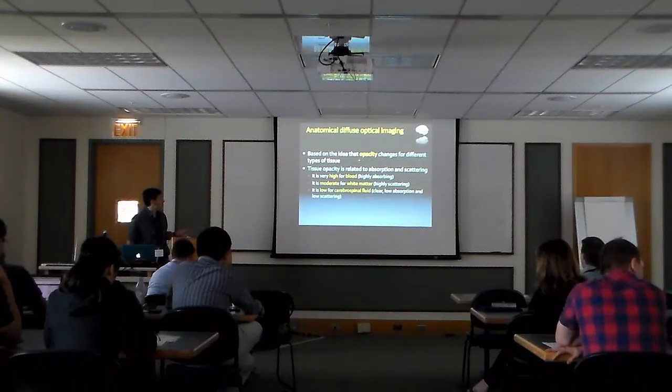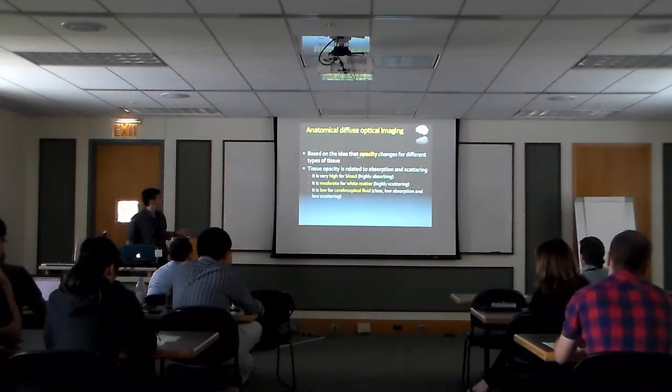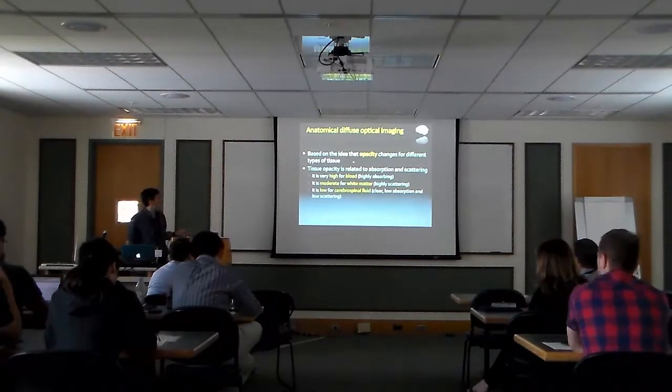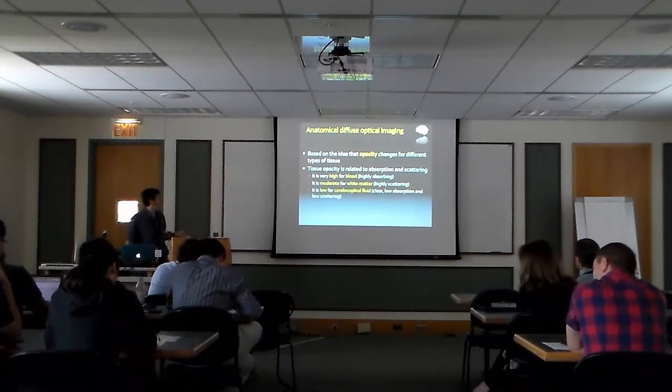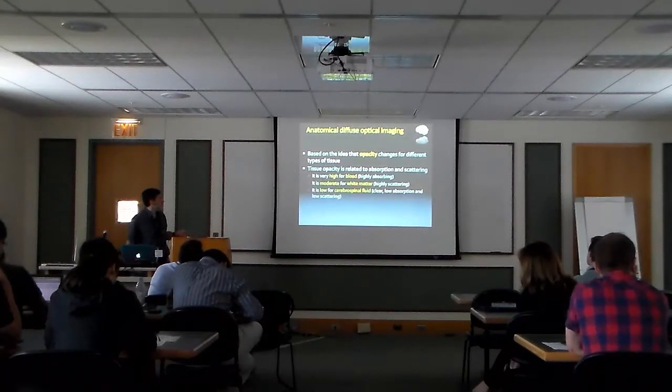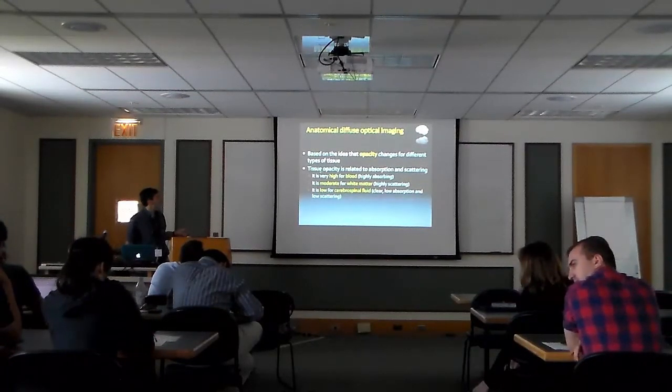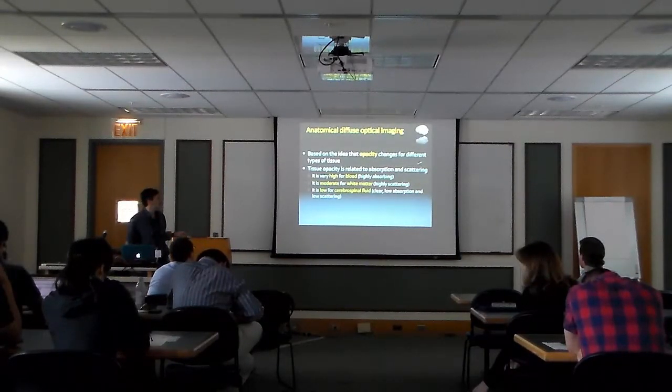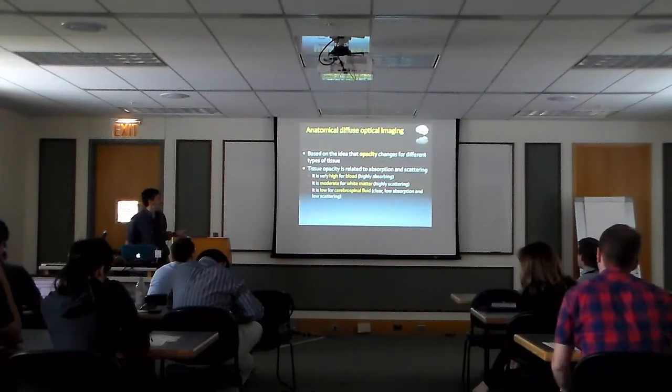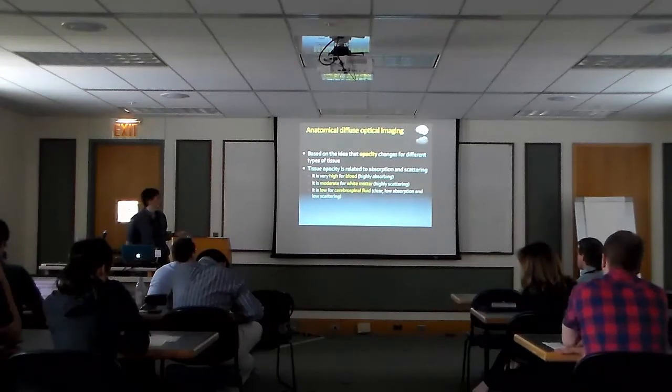The idea here is this measure we call opacity, which is just what is an obstacle to the movement of light into the tissue, mostly due to scattering and absorption. Now, tissue opacity can vary a lot between different types of tissue. This is related to the fact that different types of tissues have generally different absorption properties and different scattering properties. So, for instance, blood has a very high opacity because it is highly absorbing.